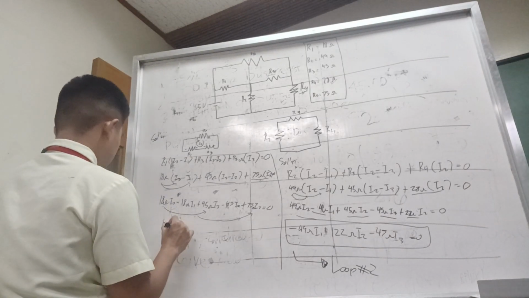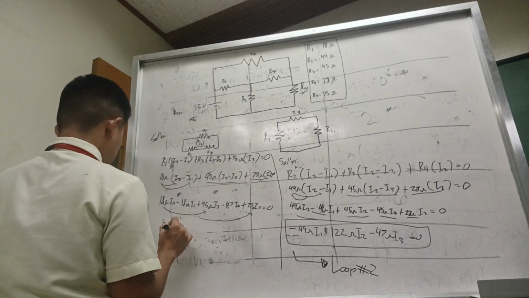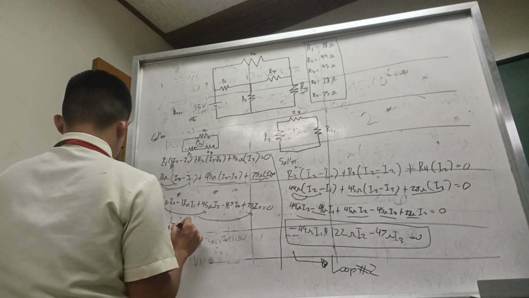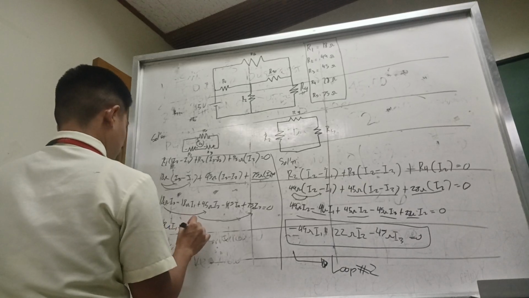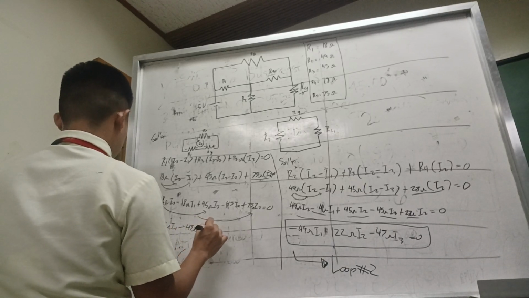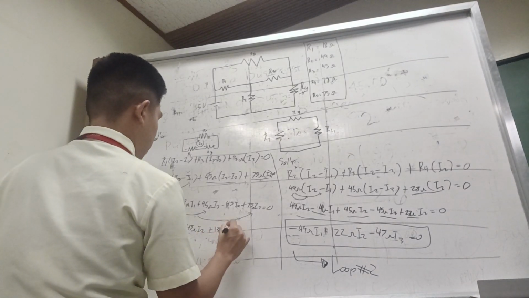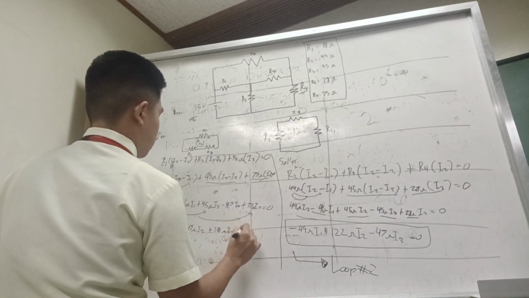18 ohms I1 minus 45 ohms I2 plus 138 ohms I3 equals to 0.